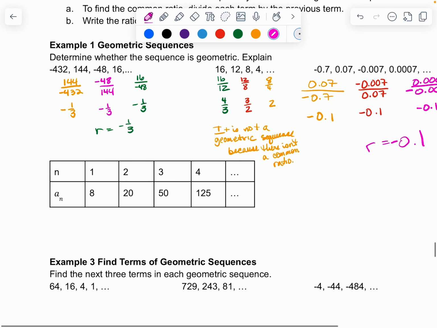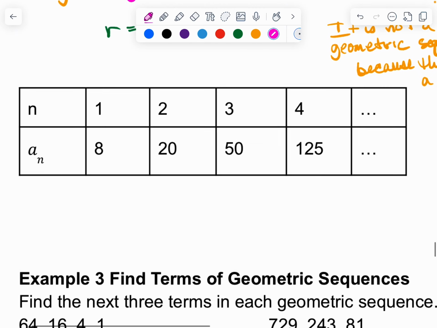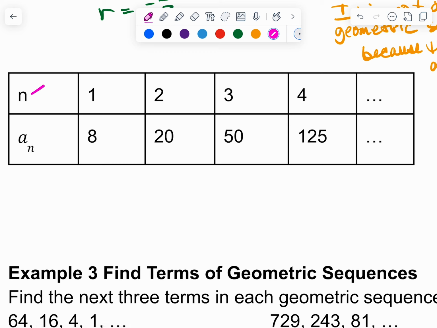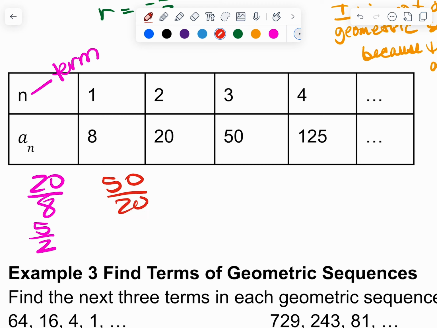So now let's look down at this one. Sometimes they look like this. All this means is the term. So first term, second term, third term, fourth term. And all we're going to do to see if it works is 20 over 8. If I do 20 over 8, I get 5 over 2. If I do 50 over 20, I get 5 over 2.